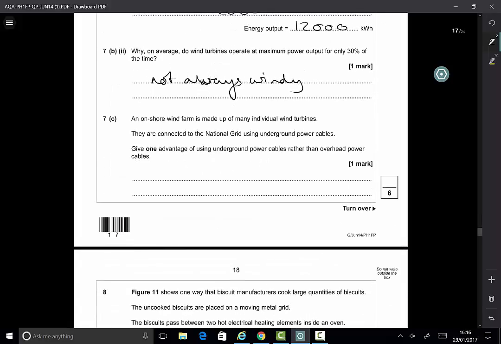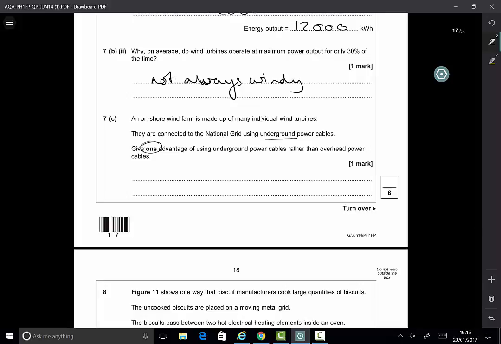An onshore wind farm is made up of many individual wind turbines. They're connected to the national grid using underground power cables. What's an advantage of using underground power cables? Okay, we want one. It's using underground power cables rather than overhead power cables. So what we're not looking for is, why is it an advantage to connect it to the national grid? Why connect it underground rather than overground?